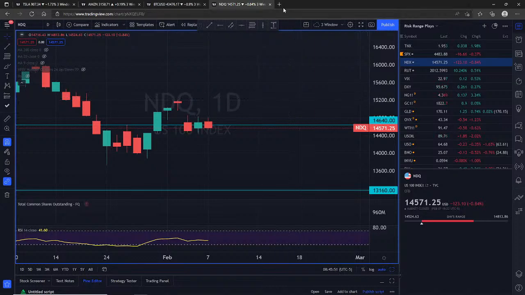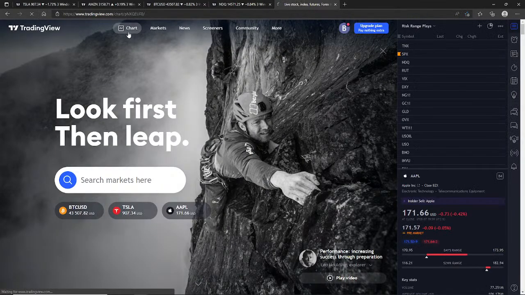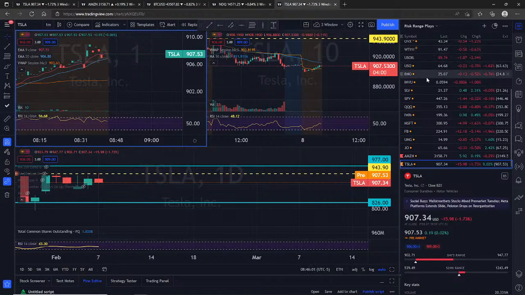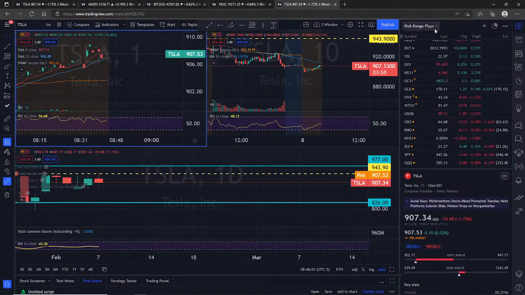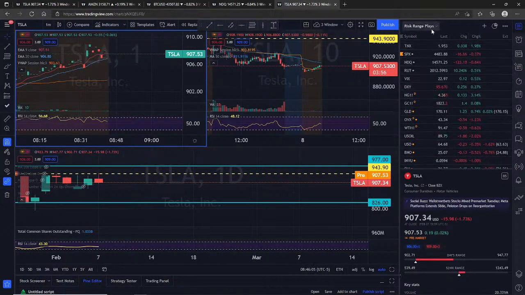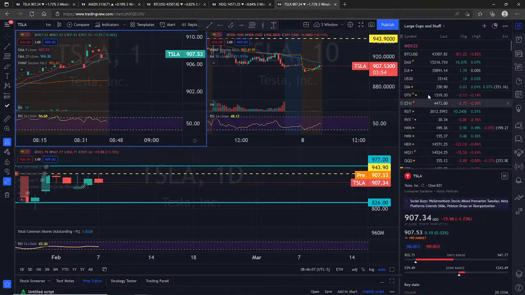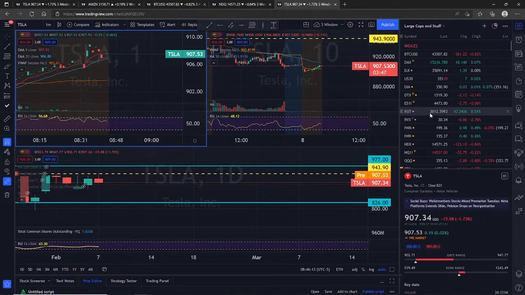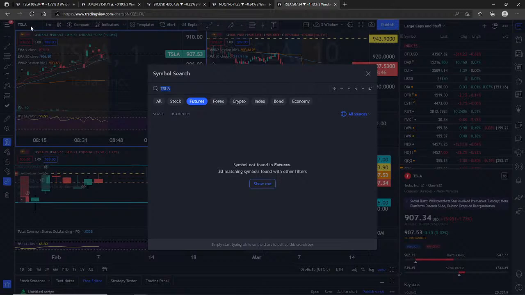I guess the next thing to do really is take a look at the VIX, in particular the NASDAQ volatility. Might be in large caps and stuff. Where's the NVX? I'll just type it up.